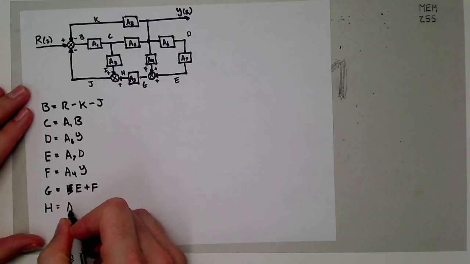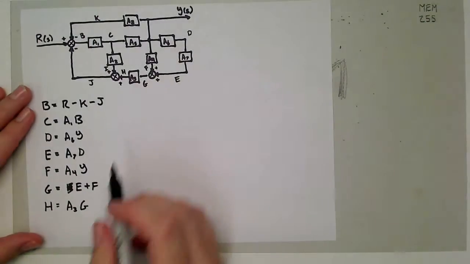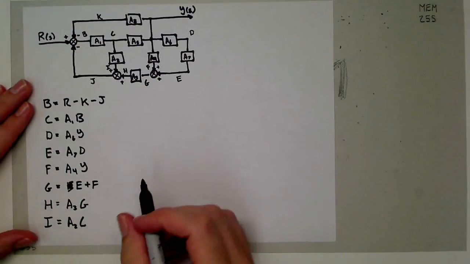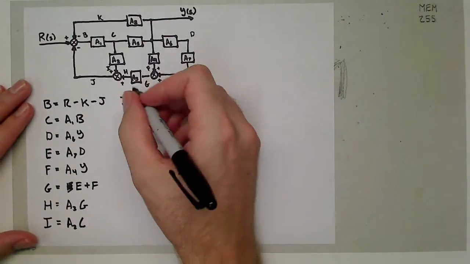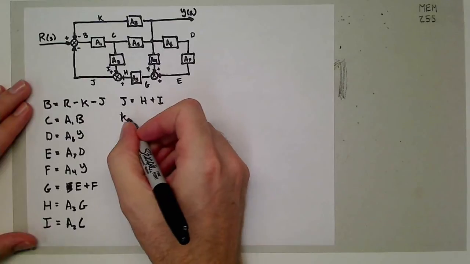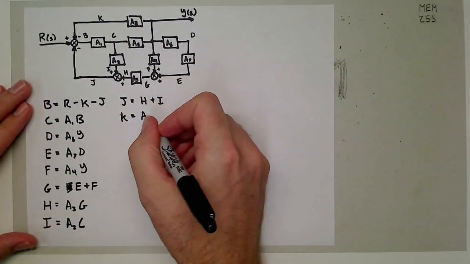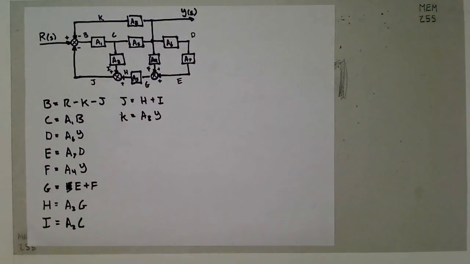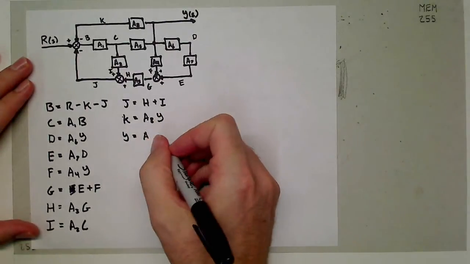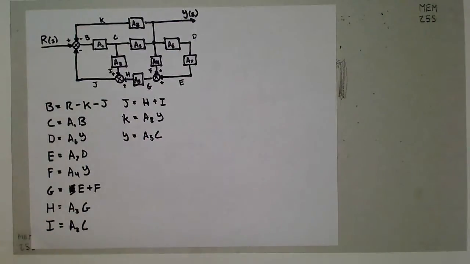H is equal to A3 times G. Okay. I is equal to A2 times C. J is equal to H plus I. K is equal to A8 times Y. Okay, so now we have a lot of equations, and we need to reduce this so we get one equation such that I have a relationship between R and Y. So, let me write down my equation for Y. Y is equal to A5 times C. Okay.